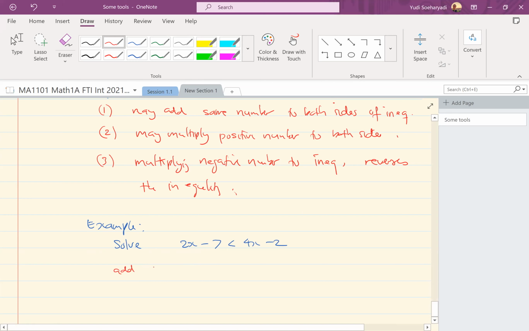Add say negative 2x both sides to get negative x, so that's -7. Here you have what we call negative 2x, and you can add also both sides. Right, so you have -5.